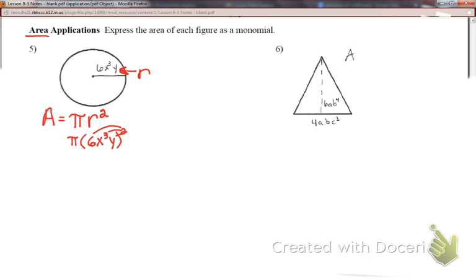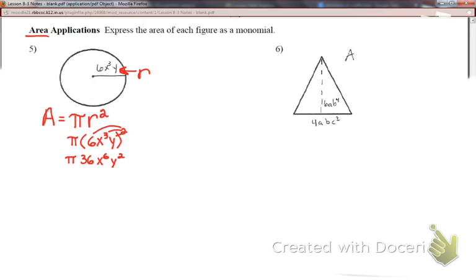The pi is just going to hang out in front for right now. We'll move it at the end if we need to. And then you have your 6 squared. I don't mind if you do that right away. 6 squared is 36. And then remember, with your exponents, you're multiplying them because it's a power to another power. So that's x to the 6th, because 3 times 2 is 6, and then y to the 2nd.